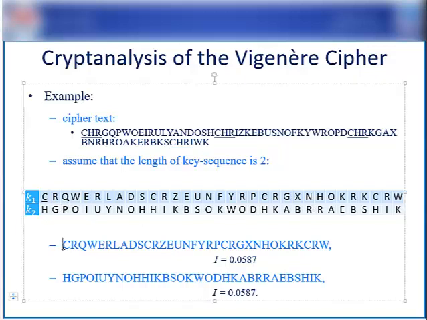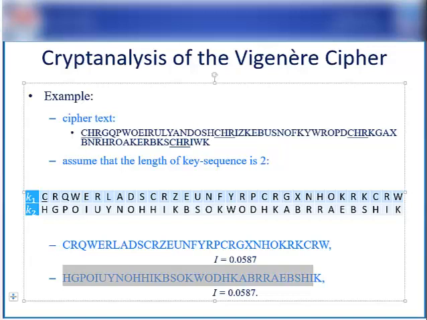At the next step, we calculate the frequency of occurrence of each letter in the first column. For this column, if we calculate the index of coincidence, we obtain the number 0.0587, and for the second column, we obtain approximately the same index of coincidence.